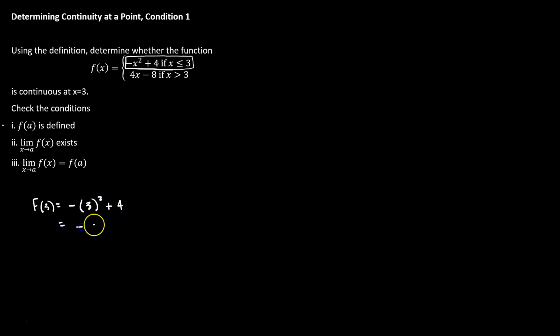That looks like a parabola. I have no issues with this being continuous. The input x equals 3 gives us the output of negative 5. So is the function defined? Yes, it is. I'm going to write that shorthand: f of 3 equals negative 5. And then we'll move on to the second condition.